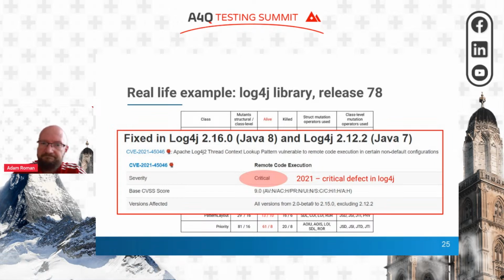A very big critical security defect was found in the log4j library, and all software that uses log4j had to be fixed; the teams had to do some hot fixes to fix this problem quickly. So this happens in real life also.